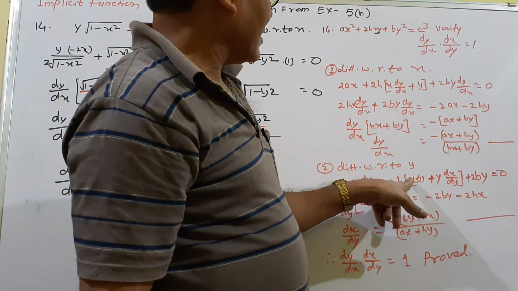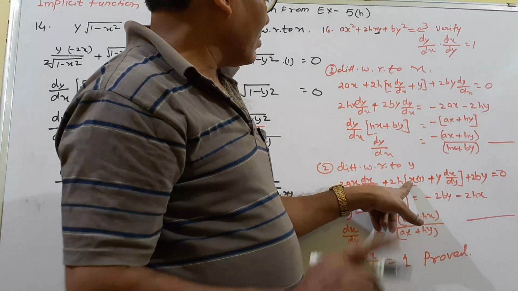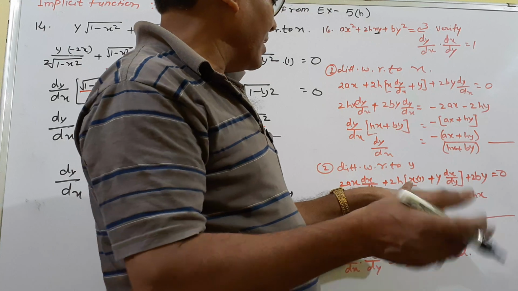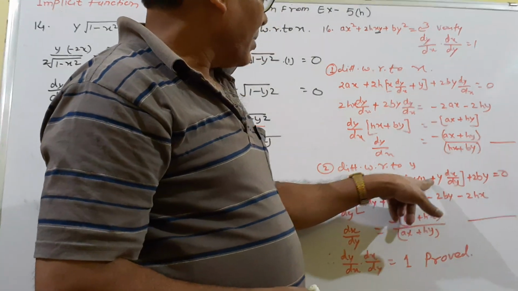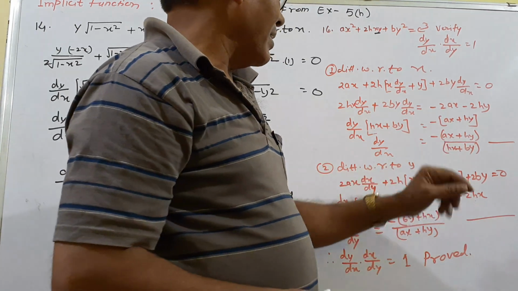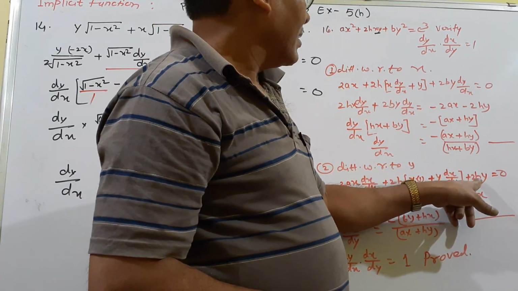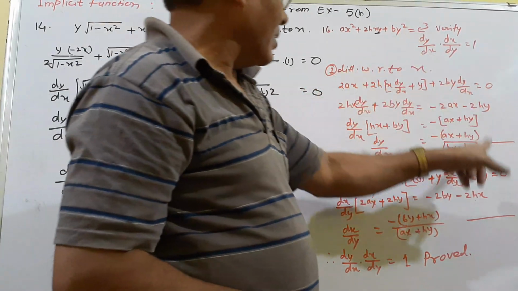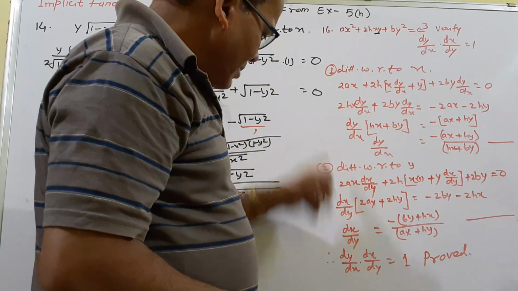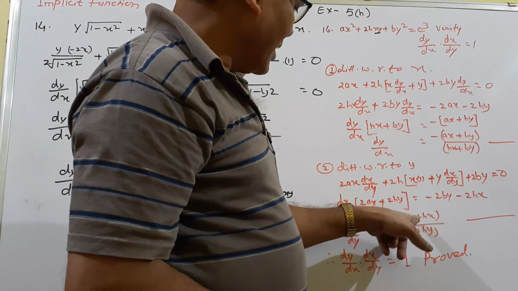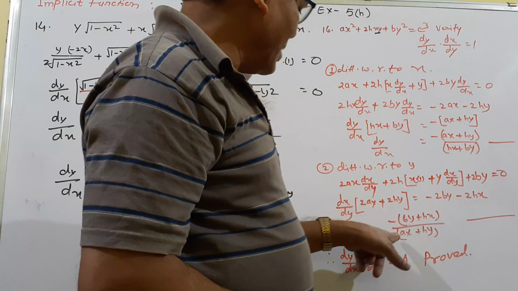First term constant x, derivative of y is 1 because derivation with respect to y, so it will be x into 1. So plus y is constant, derivative of x you will get dx by dy, plus 2by into 1, 2by. Now when we simplify, dx by dy, you are getting minus (by plus hx) divided by (ax plus hy).